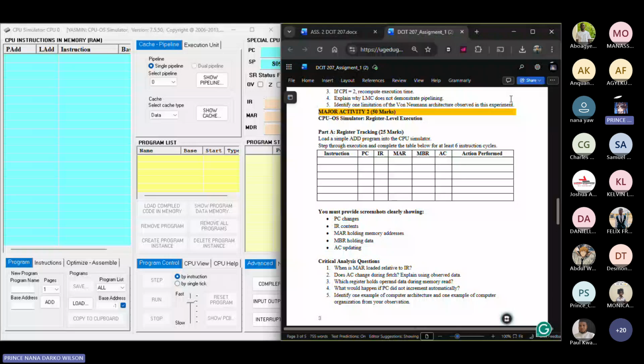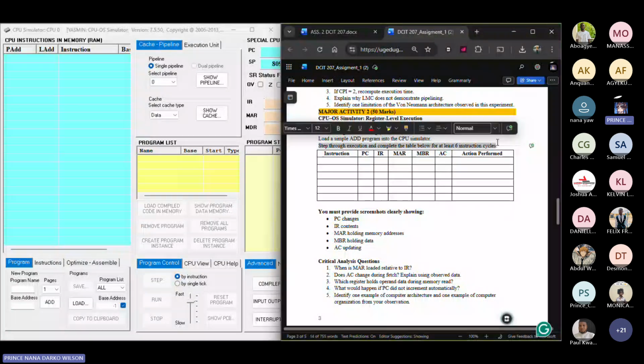So it says register tracking. We have to load a simple add program into the central processing unit simulator, and we should step through execution and complete the table below for at least 6 instruction cycles. What this means is that the instructions you're going to write should have at least 6 different lines of instruction to complete those 6 instruction cycles.